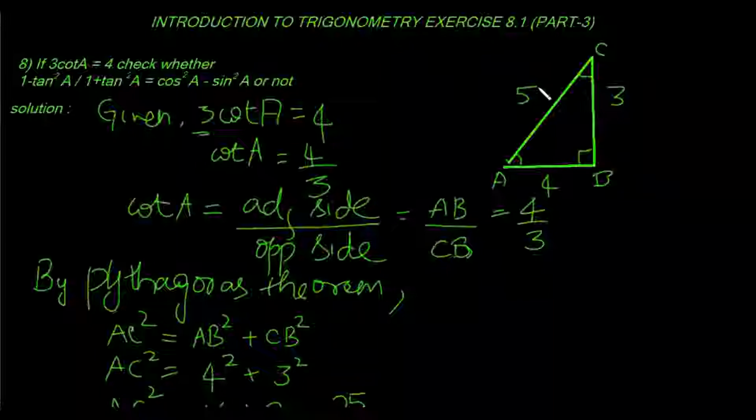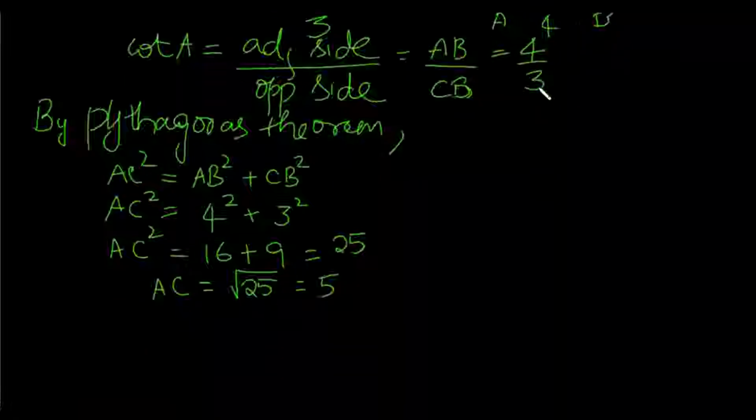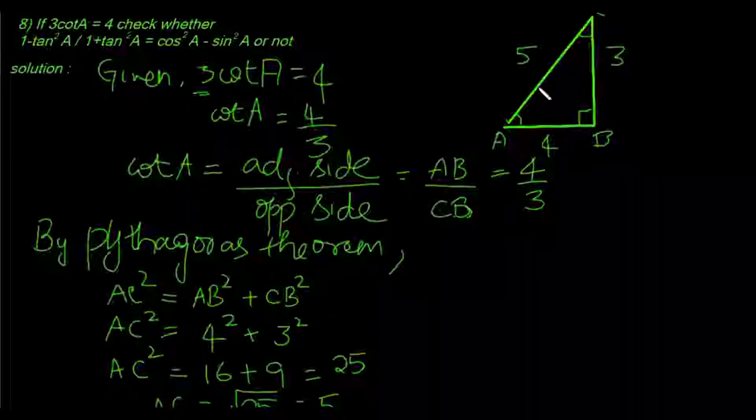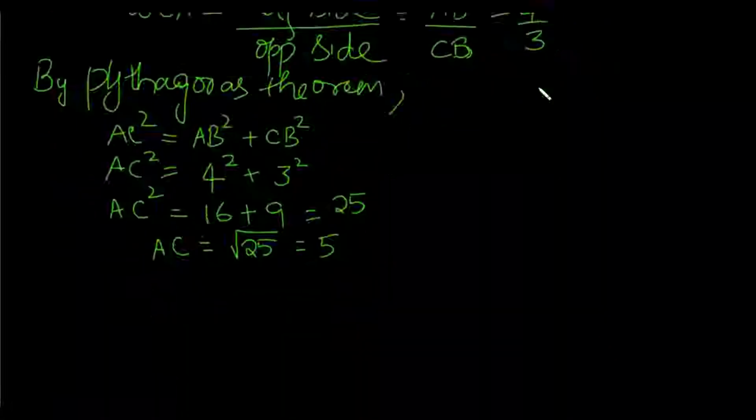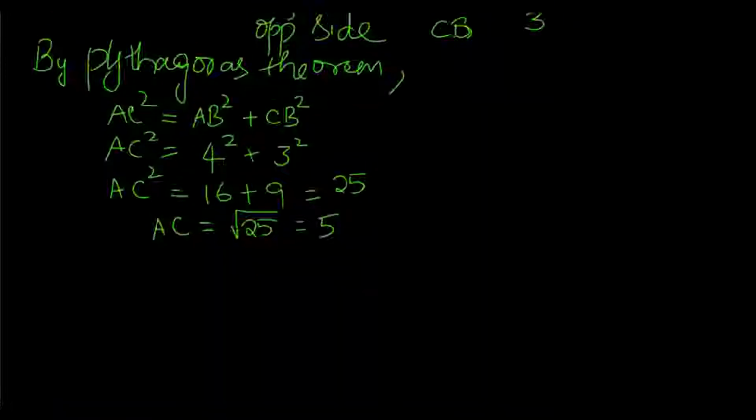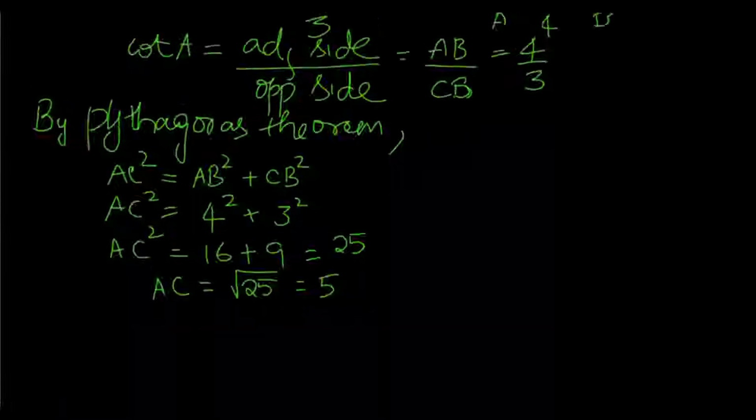Now let's proceed to the proving part. We have to prove whether (1 minus tan square A) divided by (1 plus tan square A) is equal to cos square A minus sin square A. This is true or not? That's what we're going to prove. So for our reference, let's write the equation below.